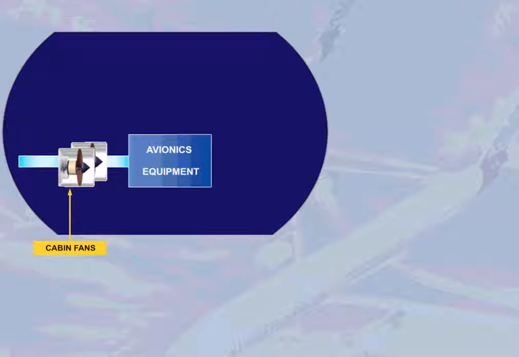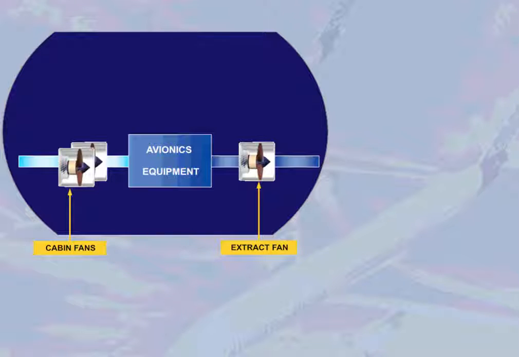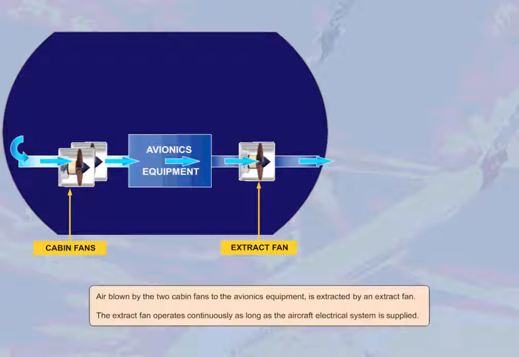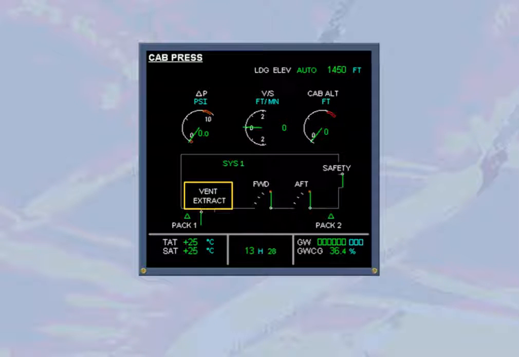Air blown by the two cabin fans to the avionics equipment is extracted by an extract fan. The extract fan operates continuously as long as the aircraft electrical system is supplied. A section of the ECAM cab press page displays avionics ventilation system information.